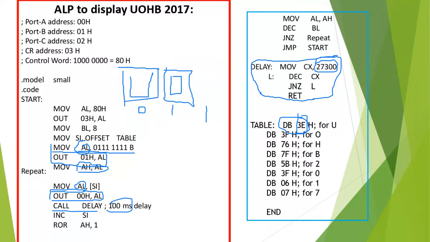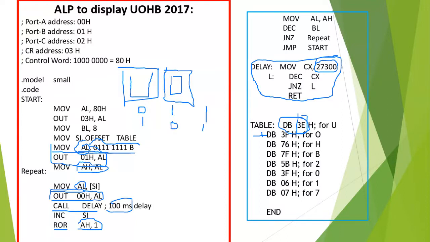Then INC SI, because we have to go to the next data, right? Increment SI, and then ROR AH, 1, because AH has this data, 0 and all the ones. Now if you do the rotation right, all the other bits will be 1 and this one will be 0.